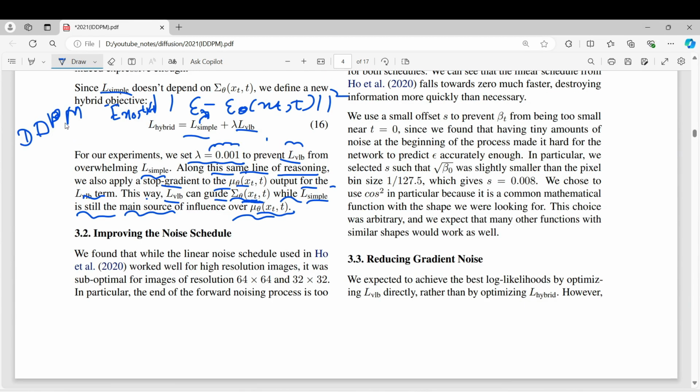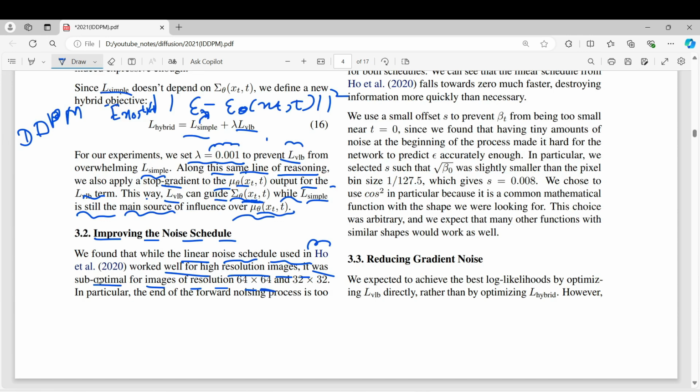Let's focus on the second section, which is improving the noise schedule. We found that while the linear schedule used by Jonathan Ho and his collaborators works well for high resolution images, it was suboptimal for low resolution images.